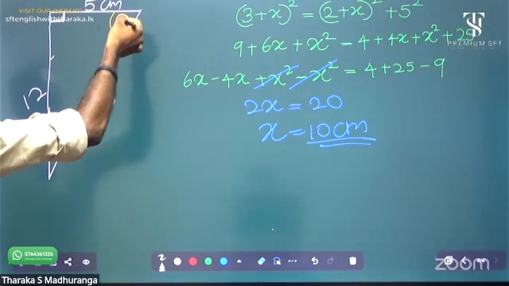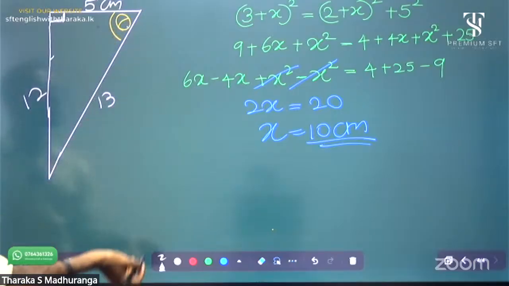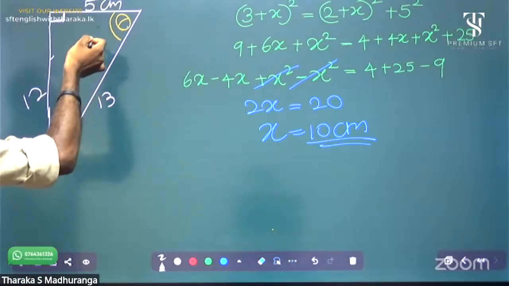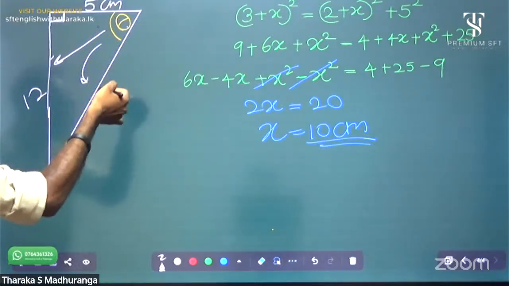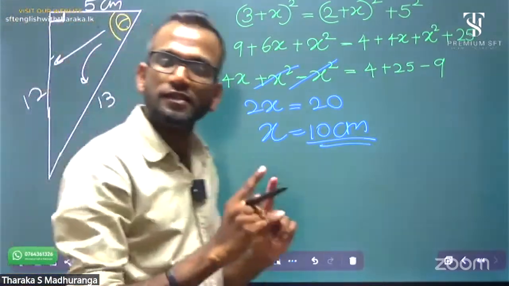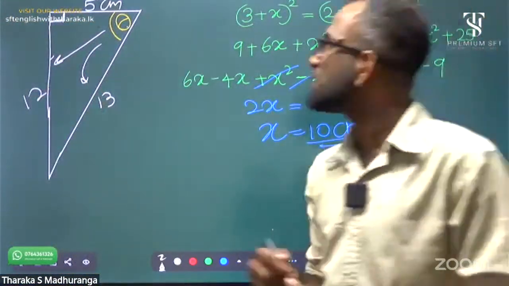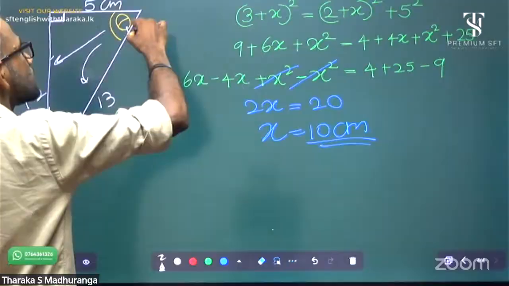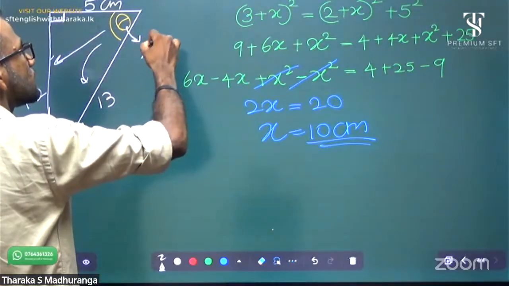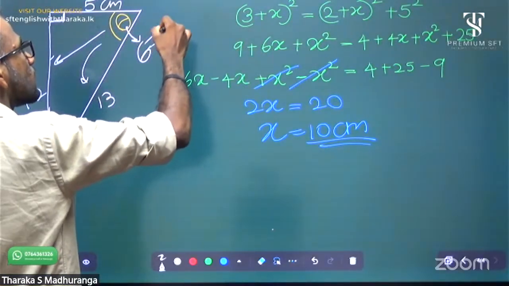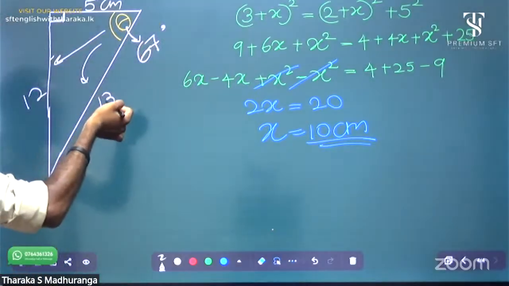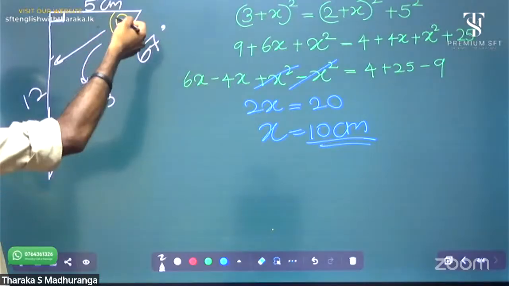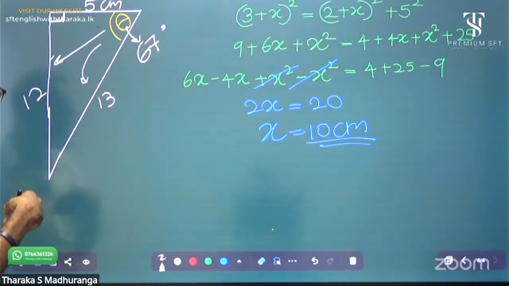Sine 67 means 12 over 13, opposite over hypotenuse, right? 12 over 13 means this theta angle is 67 degrees, because opposite over adjacent equal 12 over 30 means it is 67, right?